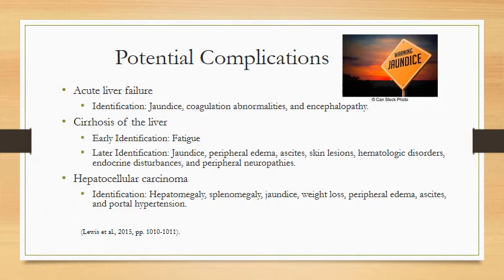Cirrhosis of the liver identification includes fatigue in the early stage, and jaundice, peripheral edema, ascites, skin lesions, hematologic disorders, endocrine disturbances, and peripheral neuropathies in the later stage. Identification of hepatocellular carcinoma includes enlarged liver, an enlarged spleen, jaundice, weight loss, peripheral edema, ascites, and portal hypertension.